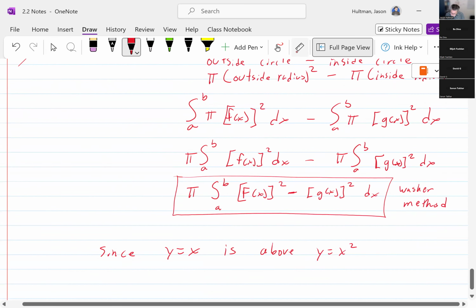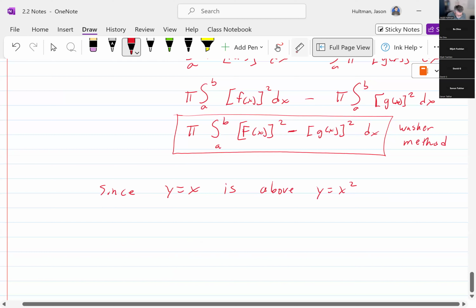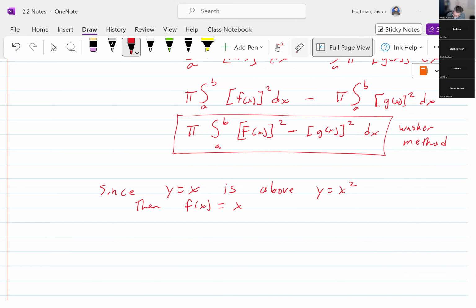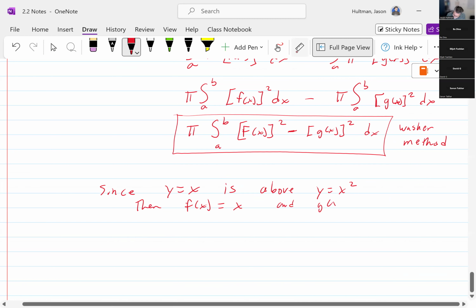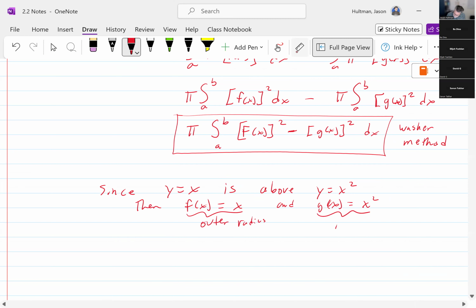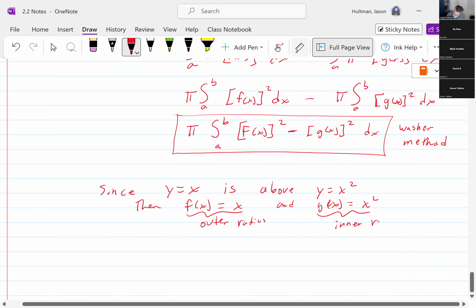Then f of x is equal to x, which is the outer radius, and g of x is equal to x squared, which is our inner radius.